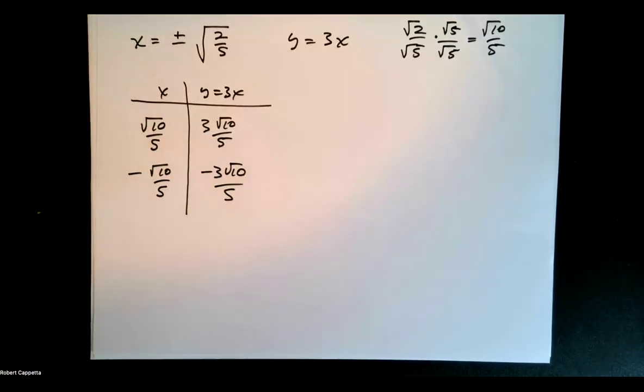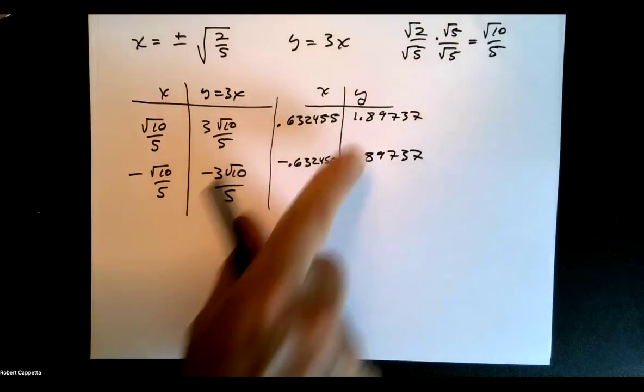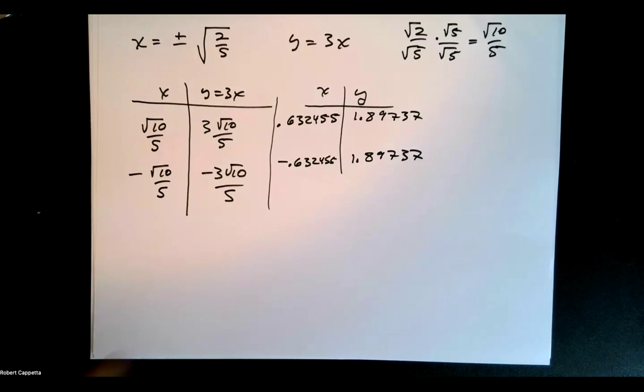For kicks, let's see what those are as decimal approximation. Interestingly, we have 0.632, 1.897, negative 0.632, and I assume negative 1.897 for the points on the circle that are optimal.